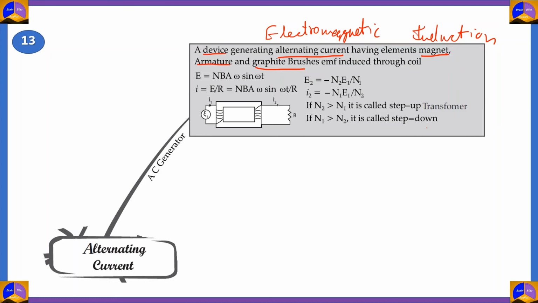So what we do is we find the EMF induced through the coil, and the EMF induced is given by this formula. So E is the EMF that is induced, and then we have N, B, A, omega, sine omega t. N here refers to the number of coils.